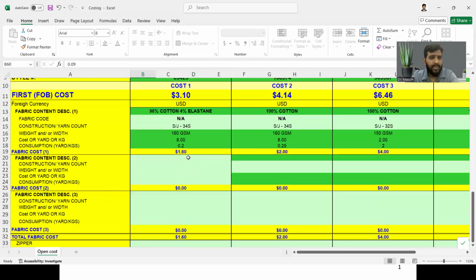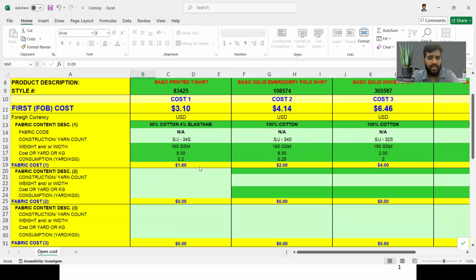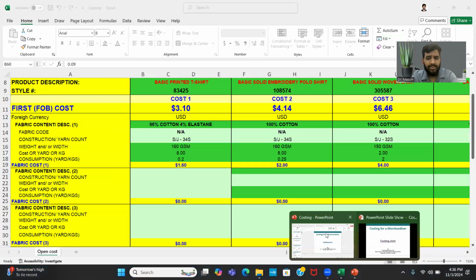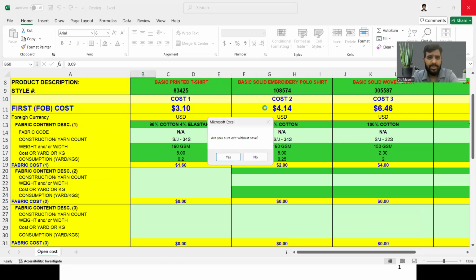So ultimately, how many components are in a cost sheet? If you go through the literature, you will find that there are three components of cost, and cost is related to pricing also. What are the three components of cost?